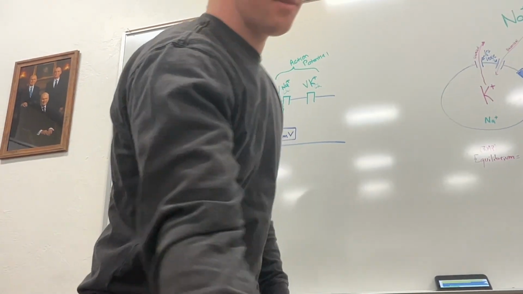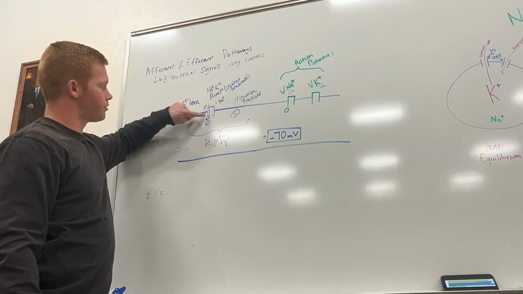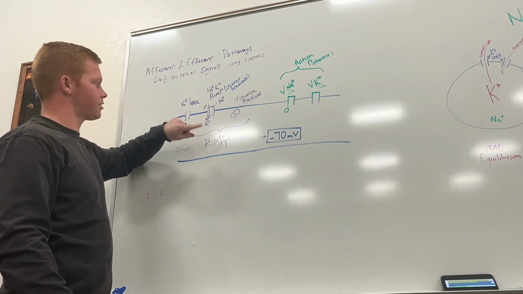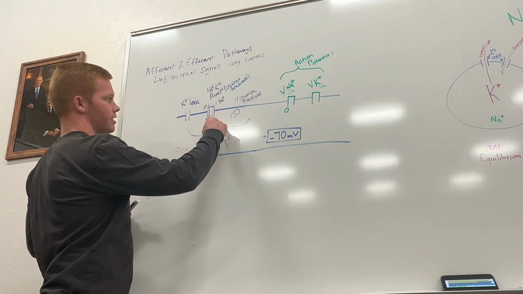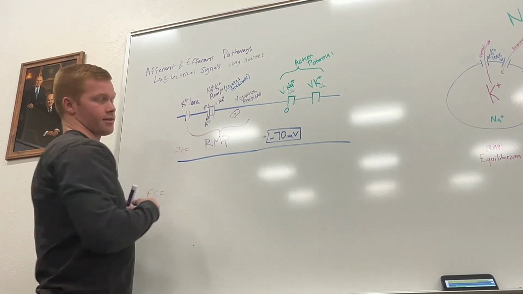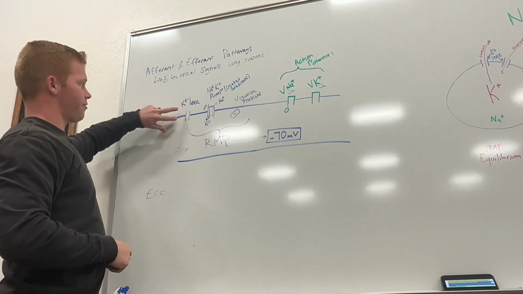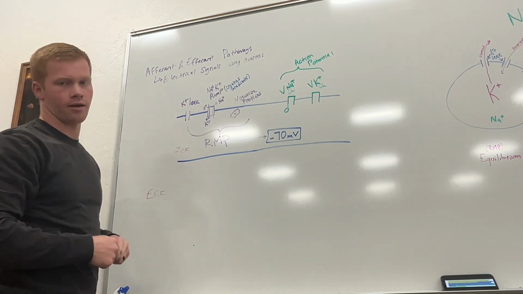There's the sodium potassium pump, which pumps 2 potassiums into the cell and pumps 3 sodiums out of the cell. And it does it through ATP. We also have potassium leak channels that allow potassium to move in or out.